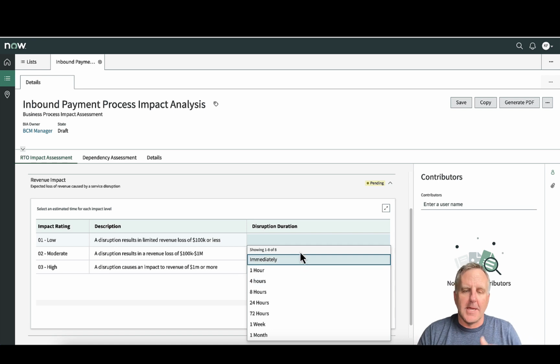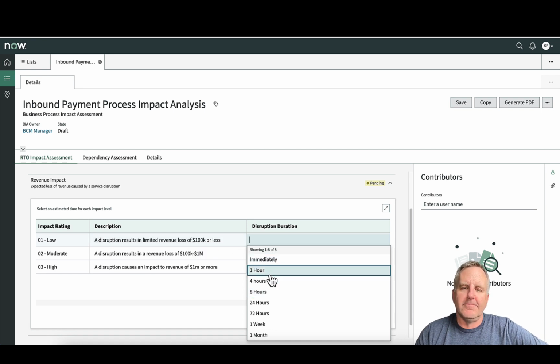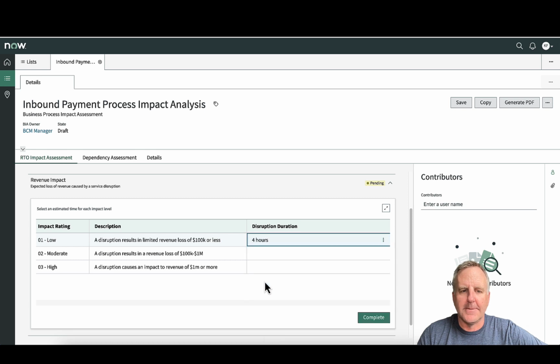What this is telling me is that I can choose one of these and say, okay, I have a low impact, meaning my disruption is less than $1,000, pretty much all the way up until 4 hours, right? So at 4 hours, I'm going to start having that low impact.